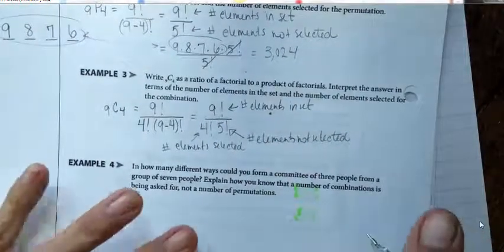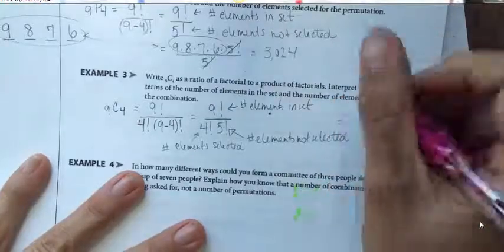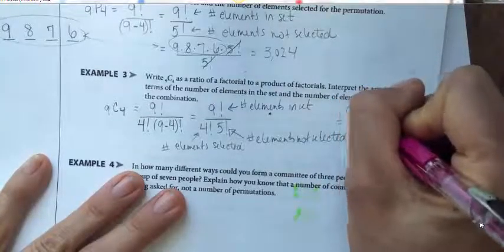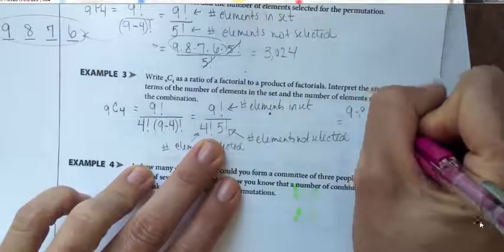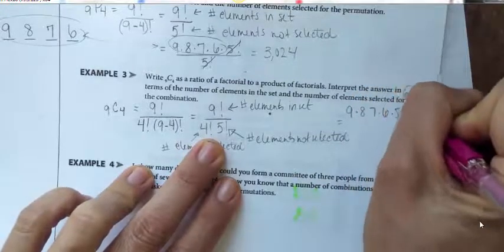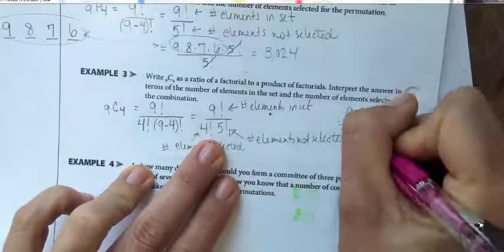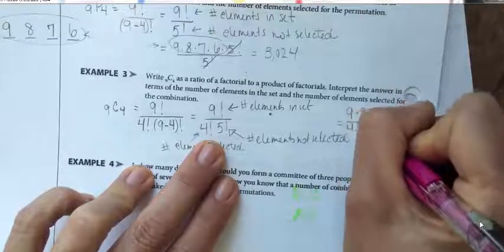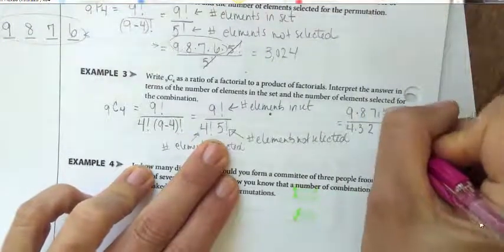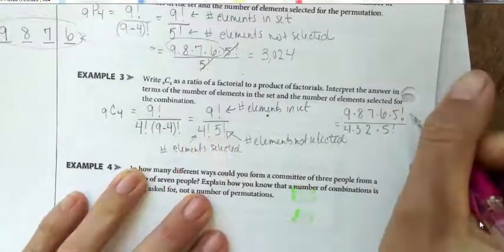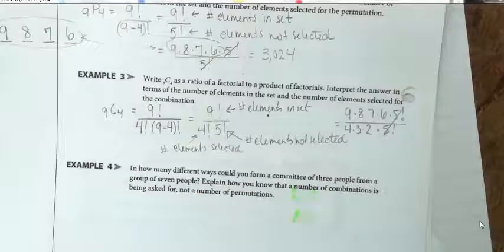And then if we continue to calculate this, I'll go back to that 5 factorial. So 9 times 8 times 7 times 6 times 5 factorial. And then here I'm going to have 4 times 3 times 2 times 1. I'm not going to put the 1. And then I'm going to leave the 5 factorial. So the 5 factorials here reduce out.